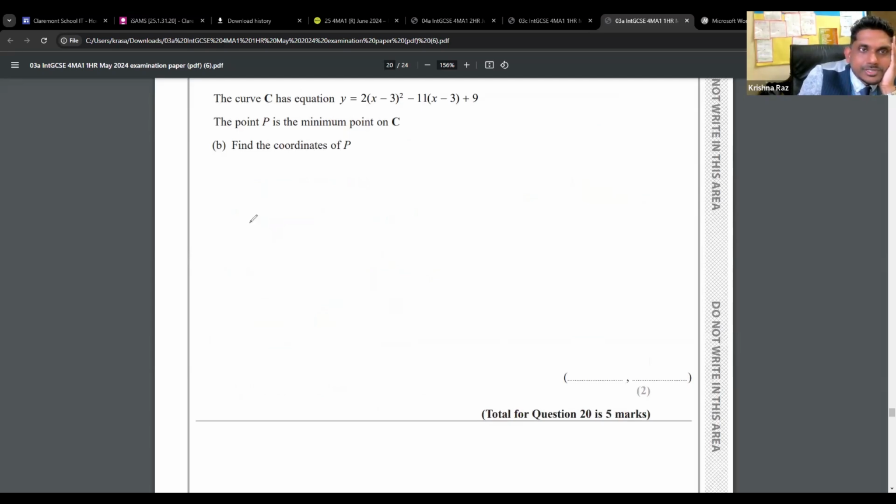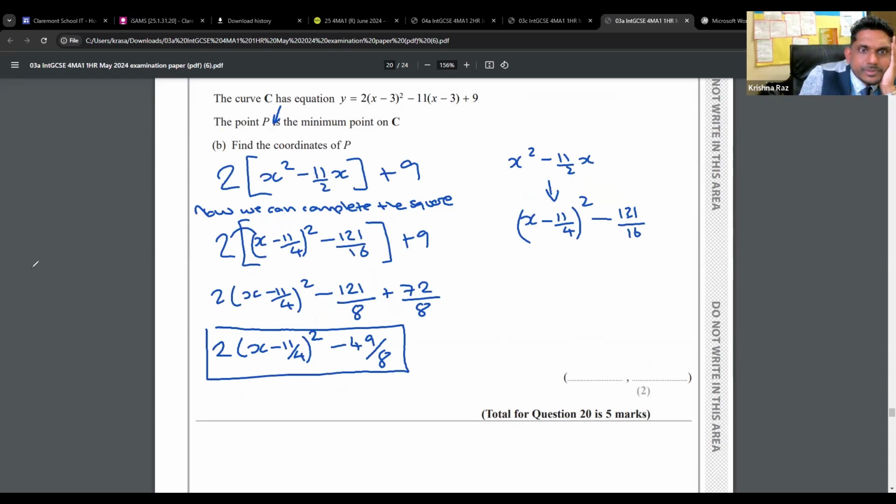Find the coordinates. So P is the minimum point of this. If we look at this, the minimum point would be at 11 over 4 and minus 49 over 8.